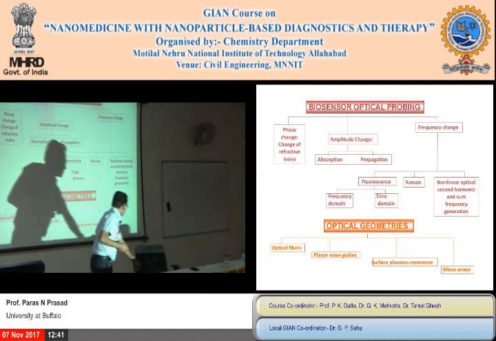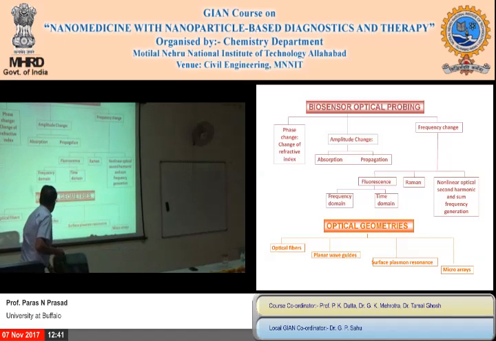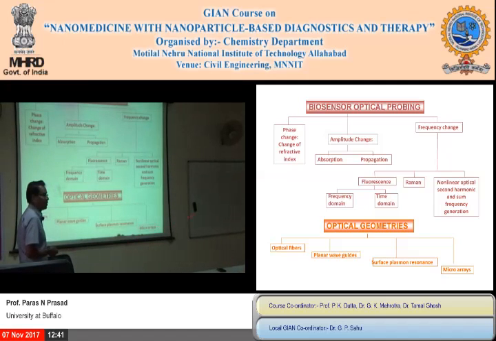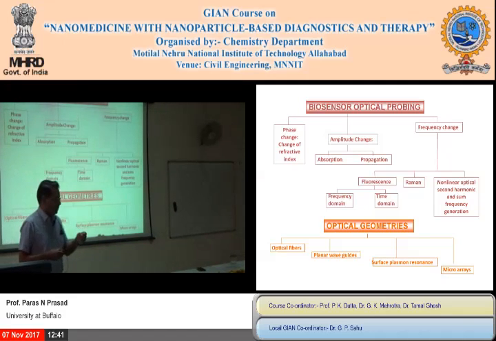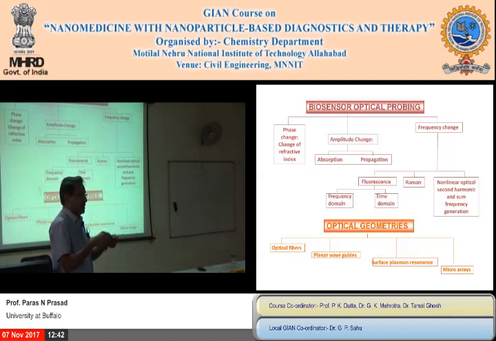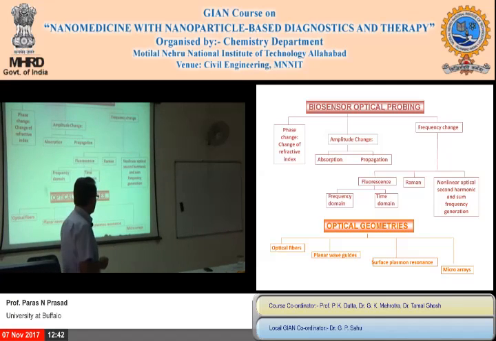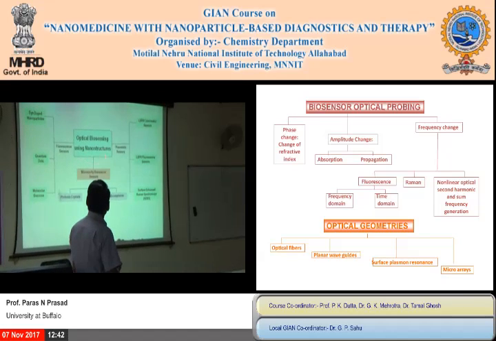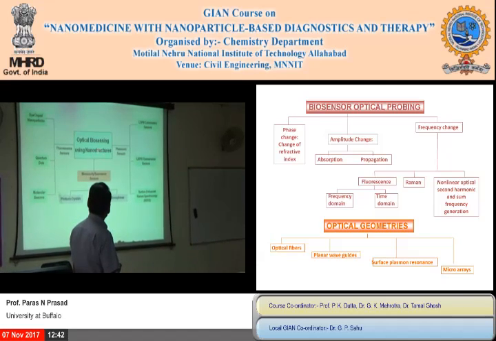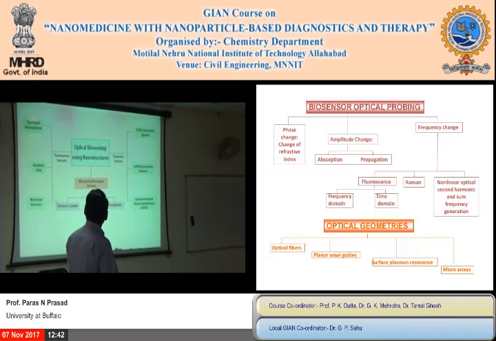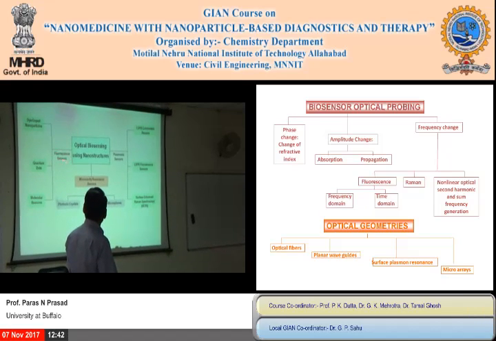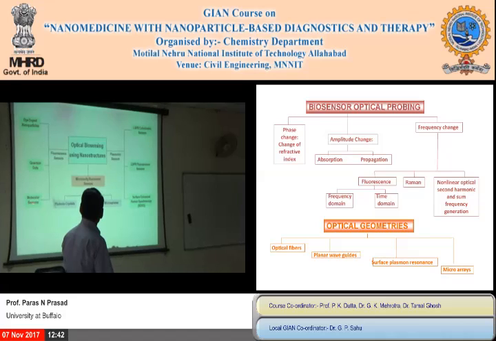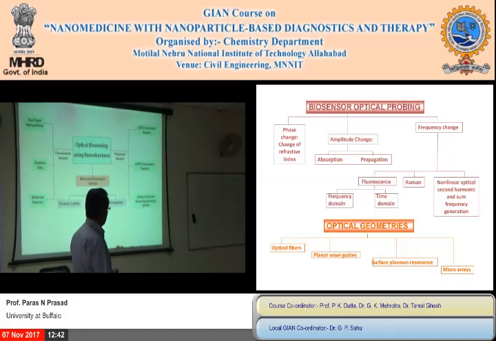Lastly, we also use microarrays so that you can have spatially resolved different pixels reporting different events. And when we use nanotechnology, we can use dye-doped nanoparticles in fluorescence sensors, or quantum dots, or another concept called molecular beacon.